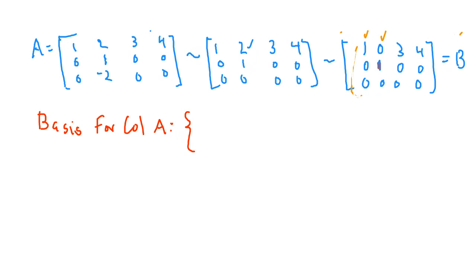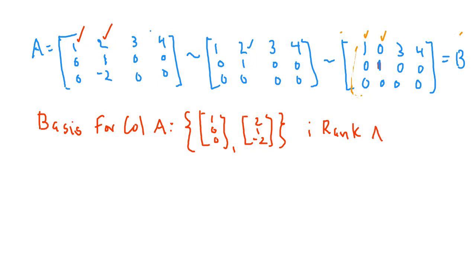So that means the basis for the column space of A, we would go back to the first and second column of the original matrix A to determine a basis for the column space. And what's the rank of the matrix A?